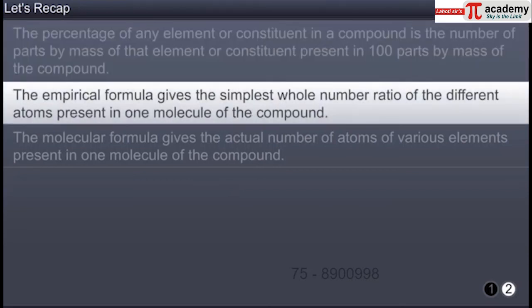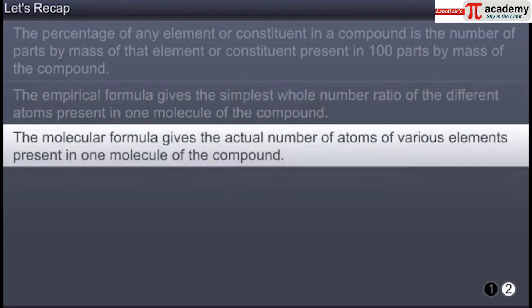The empirical formula gives the simplest whole number ratio of the different atoms present in 1 molecule of the compound. The molecular formula gives the actual number of atoms of various elements present in 1 molecule of the compound.